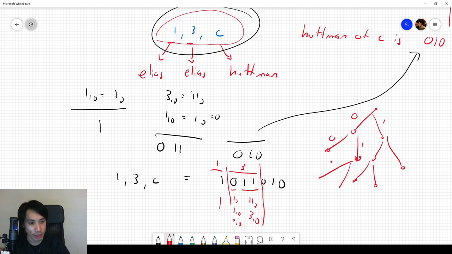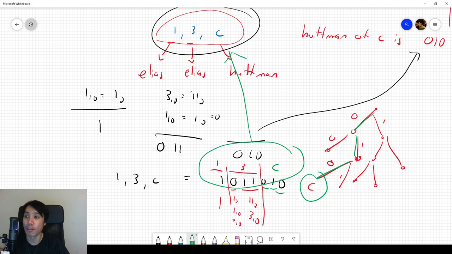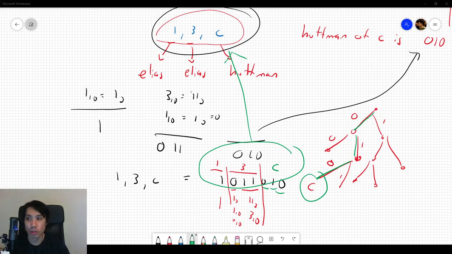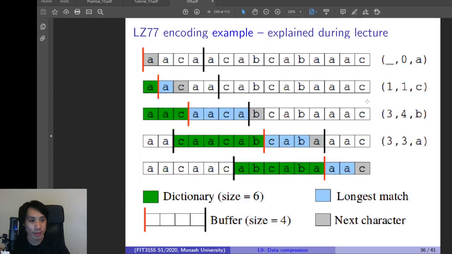Then it will be 0, it will be 1, and it will be C. So when I traverse, it will be 0, 1, 0. Then I reach the alphabet C. So I'm able to decode it as the following.